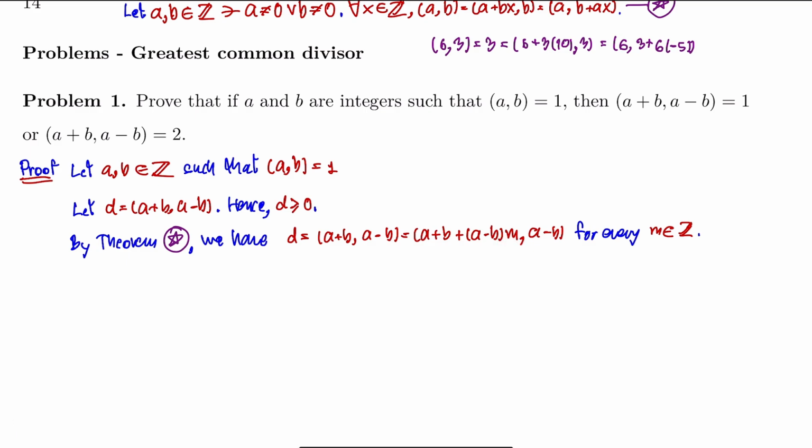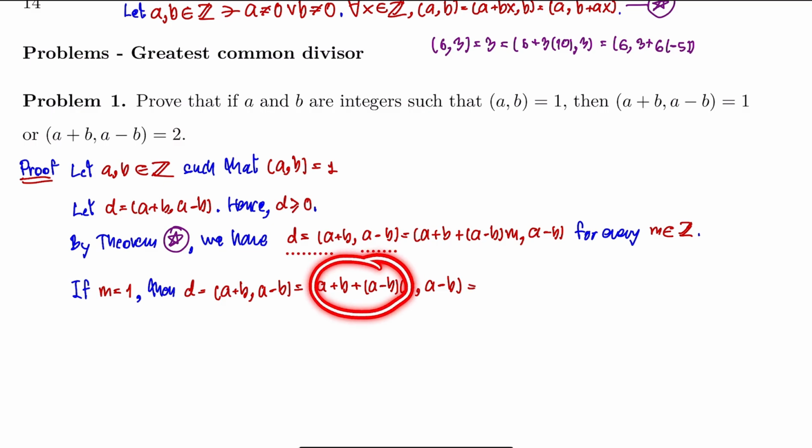So if m is 1, then what do we have? Our d, the greatest common divisor of a plus b and a minus b, will be equal to a plus b plus a minus b times 1, and a minus b. Then what do we have here?